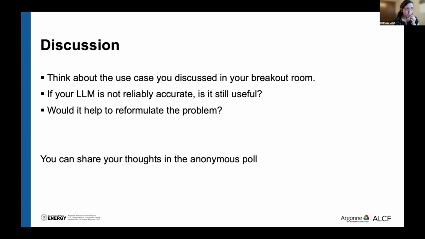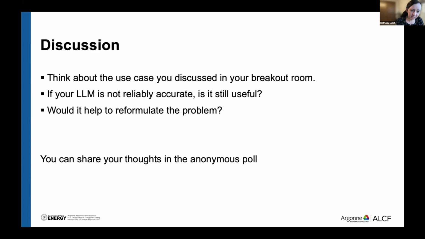So an example of reformulating the problem could be, maybe instead of summarizing this scientific literature, like, oh, can you give me a review of the state of the research of this topic, maybe it would be better to use the LLM to retrieve relevant articles or snippets for you to read.